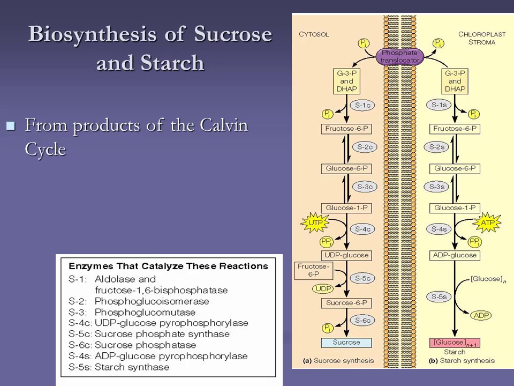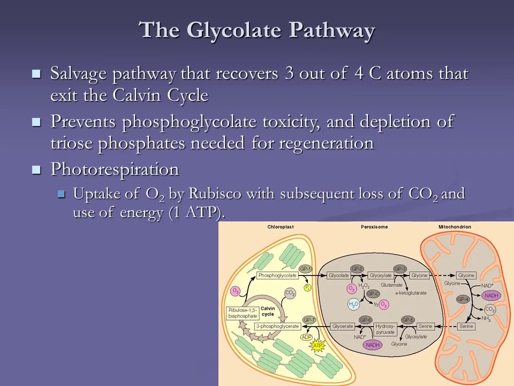Now, this is an interesting interaction and crosstalk between three separate organelles. That's kind of what makes it very interesting to me. Between a mitochondria, a peroxisome, and a chloroplast. So when we look at this pathway called the glycolate pathway, this is a process by which we recover 3 of the 4 carbon atoms that exit the Calvin cycle.